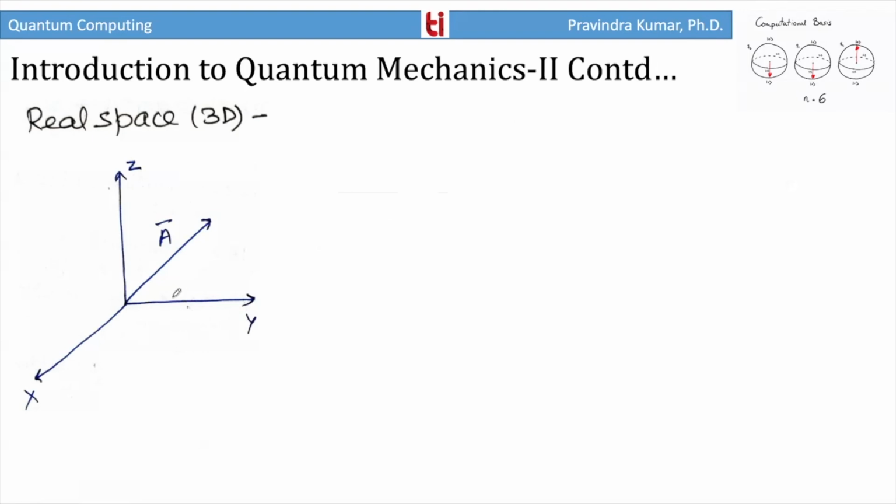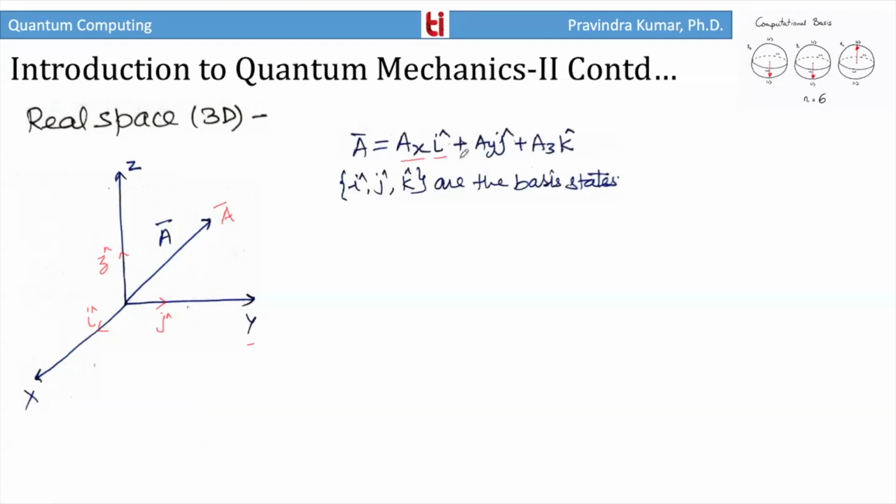As you know, in a three-dimension system, there are x direction, y direction, and z direction. Suppose there are unit vector i in the direction of x, j in the direction of y, and k in the direction of z. These are the unit vectors. So any vector A in three dimensions can be represented as ax unit vector i plus ay unit vector j plus az unit vector k.